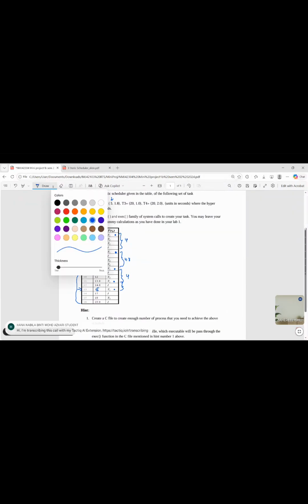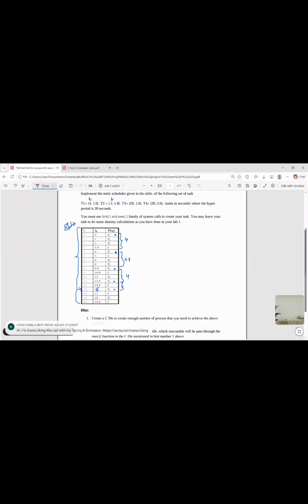Now let's check for T2. What about the period of T2? T2 is here, right? And then there's here, here, and here. So from here to here is what? This is 2, this is 8. So it's 6, right? And then from here to 8, this is 12. That's a 4. And then T2, 12, this is 18, and again 6.